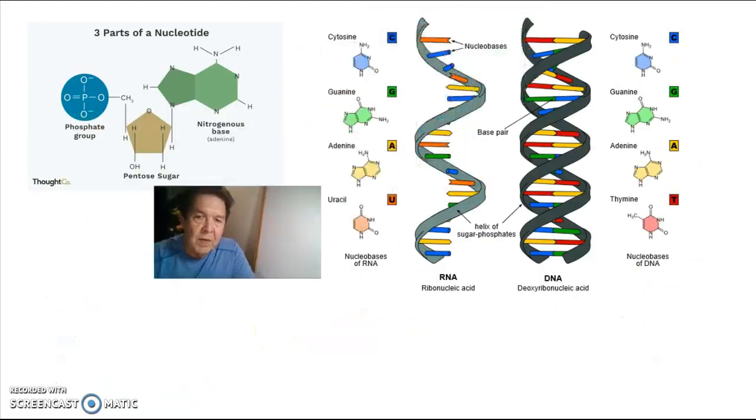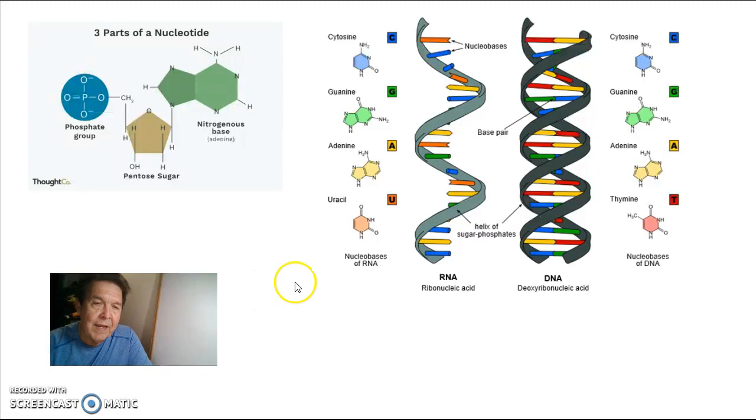The DNA and RNA are the nucleic acids. The building blocks of nucleic acids are the nucleotides that are made of a phosphate group, a sugar and a nitrogen base.